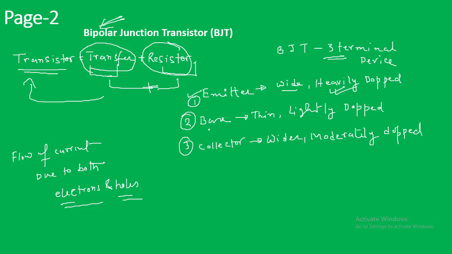Then we have the base. Base is a thin and lightly doped part of the transistor. And the collector is slightly wider than the emitter, but it is moderately doped. It is not heavily doped like the emitter. So doping concentration is completely different for the three terminals.